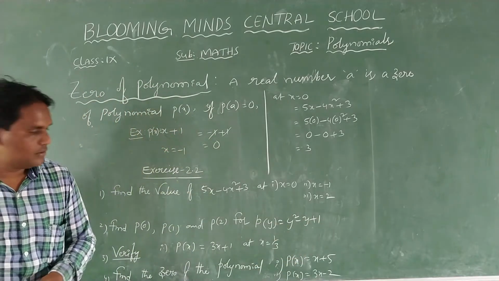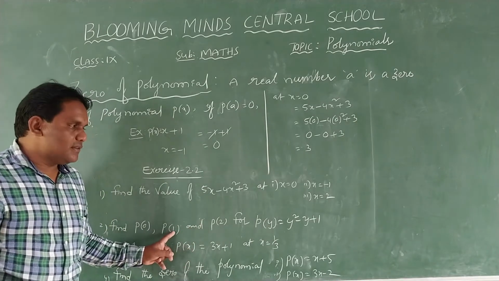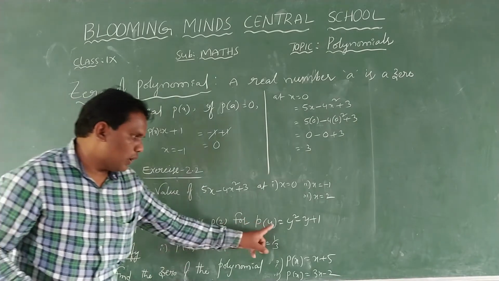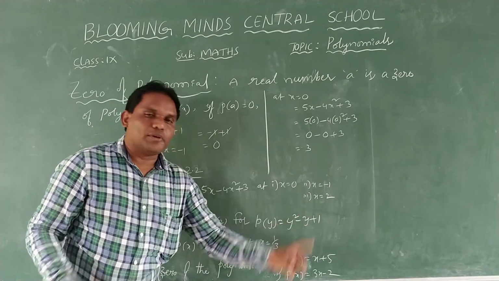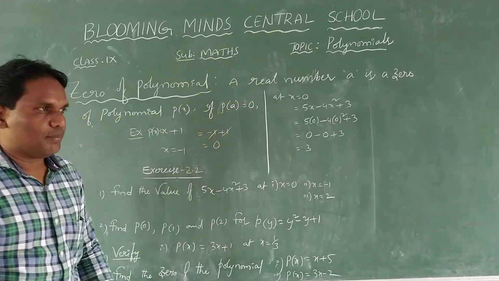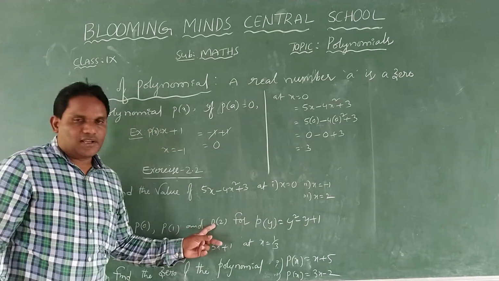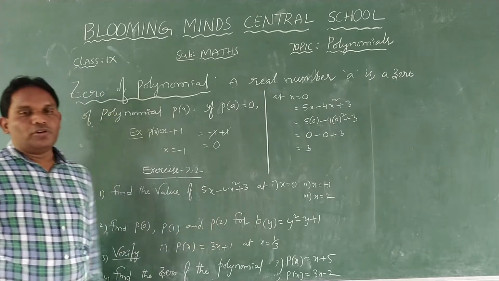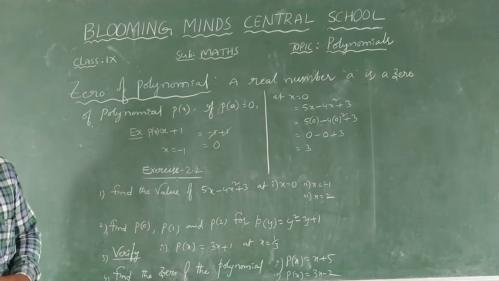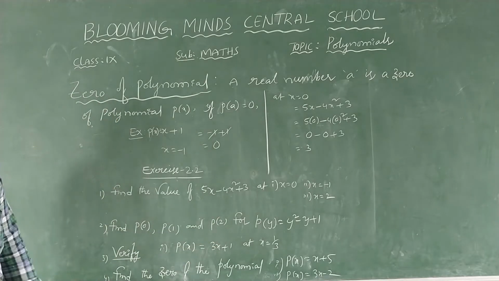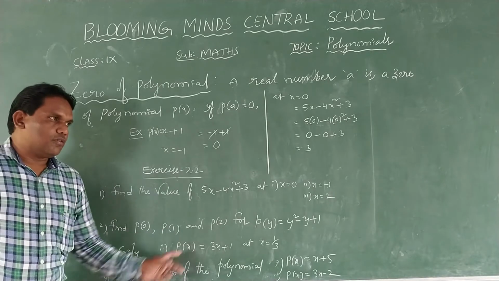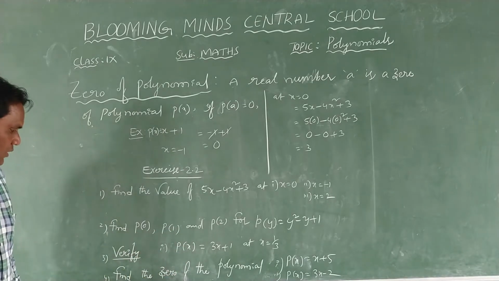And p of 1 means instead of y, you take 1 in the polynomial, wherever y is. And as usual, 2 instead of y. You get different values for p of 0, p of 1 and p of 2.